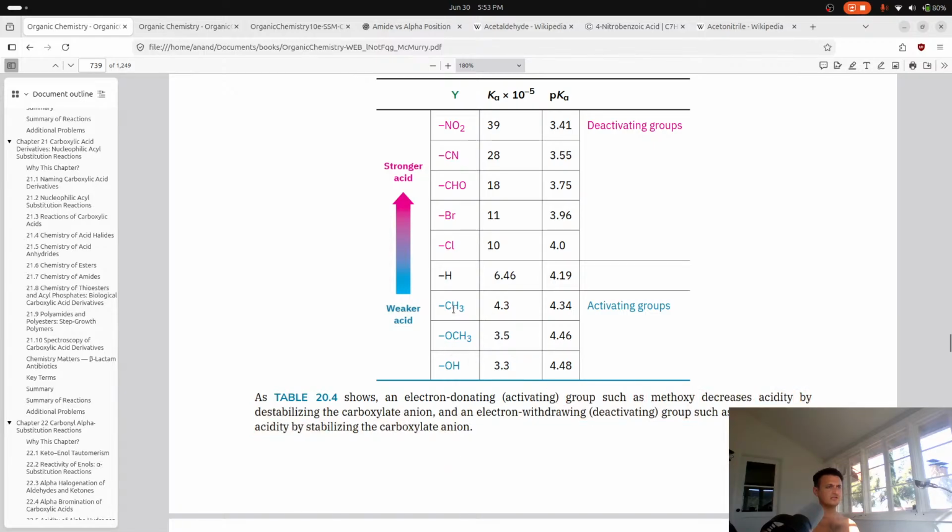But something like a methoxy destabilizes the carboxylate ion.